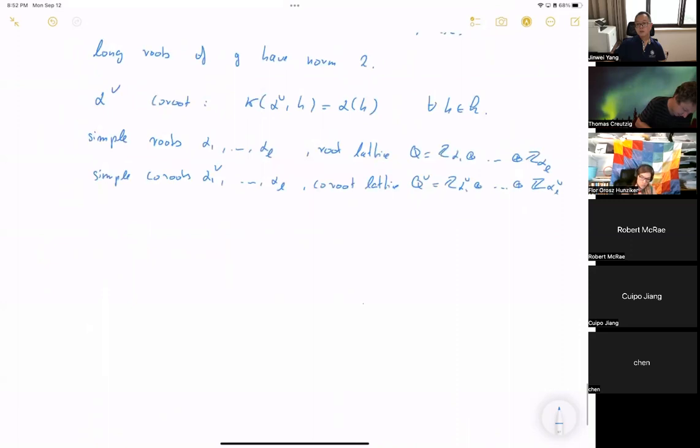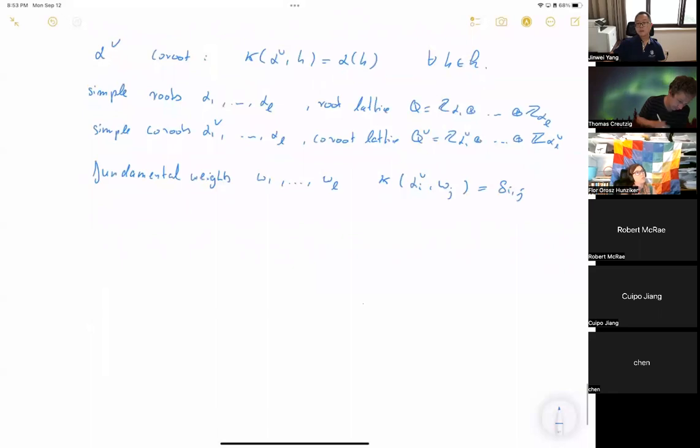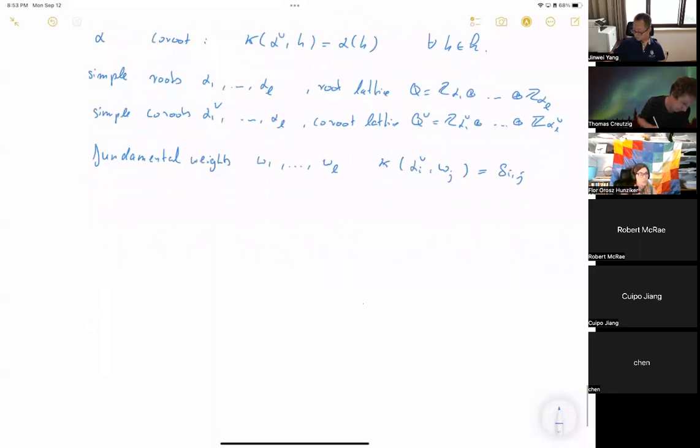And so on. We have the fundamental weights and co-weights. The fundamental weights, which is sometimes a bit confusing, are the natural duals to the co-roots. Their pairing with a co-root is their natural duals with respect to our bilinear form.